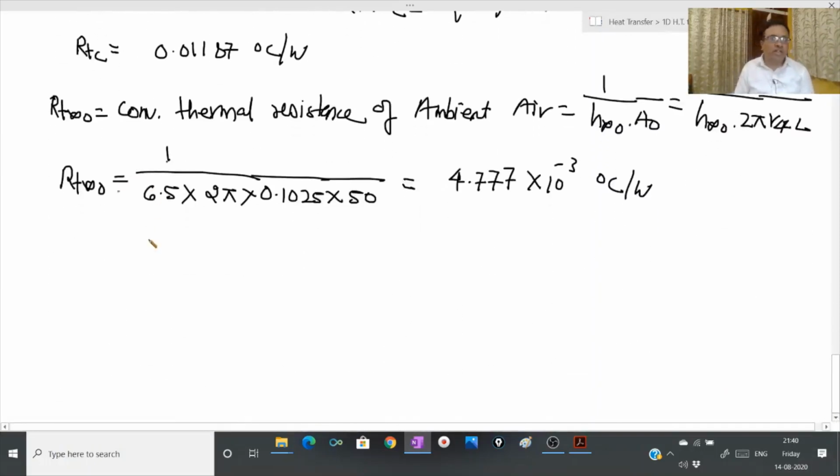Now after calculating individual thermal resistances, let us calculate the total thermal resistance.